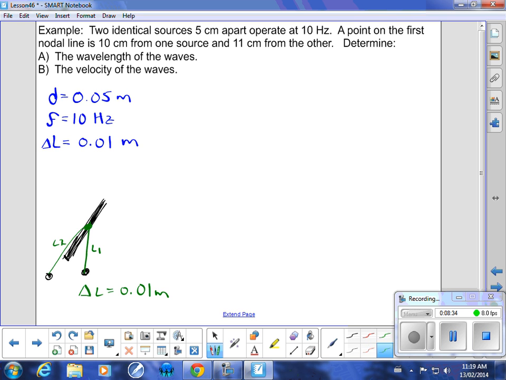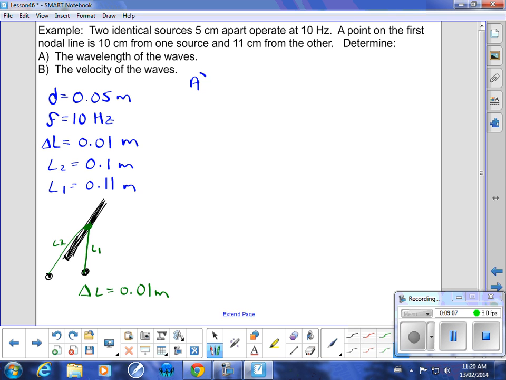It's that differential distance. Oh, sorry, that's where it comes from. I've got to read the rest of the question. It tells us that L2 is 0.1 meters and that L1 is 0.11 meters. So L2 minus L1 is the 0.01. I was jumping the gun there.